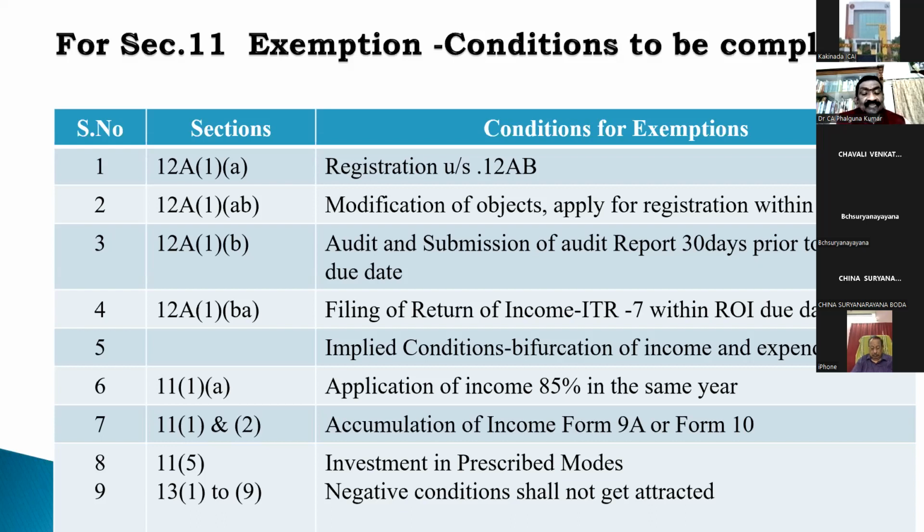Then section 11(5) is a very big section, in the sense that all public religious institutions and charitable institutions must deposit or invest. The two words used in section 11(5) are deposit or invest. There are a number of decisions on what is meant by deposit and what is meant by investment.